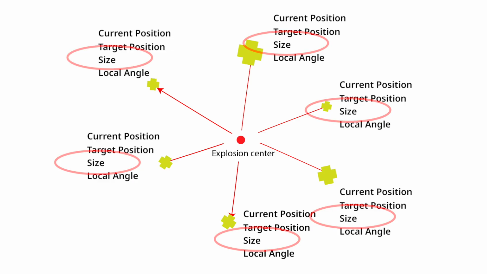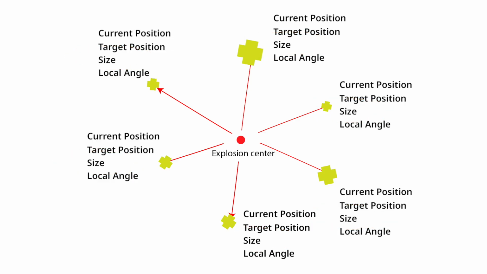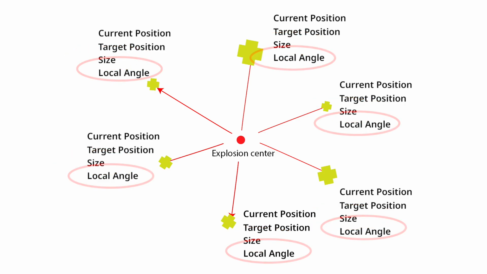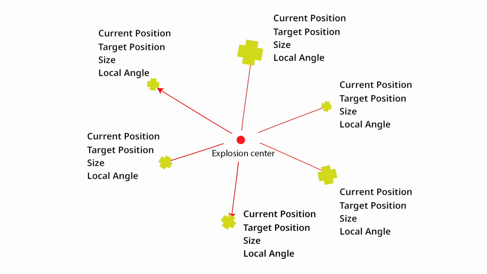Also the size or the dimensions of the particle, and the local rotation angle of the particle. The target position, the size, and the local angle of all particles are pre-calculated when an explosion is created. For each frame, we update the particle's current position and move it closer to the target position. Then we draw the particles with their updated states.